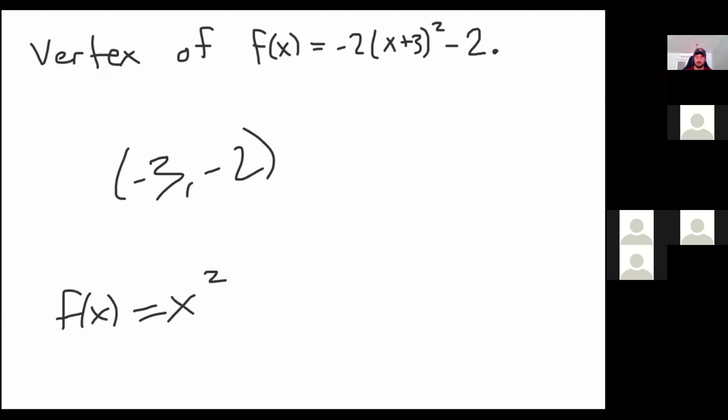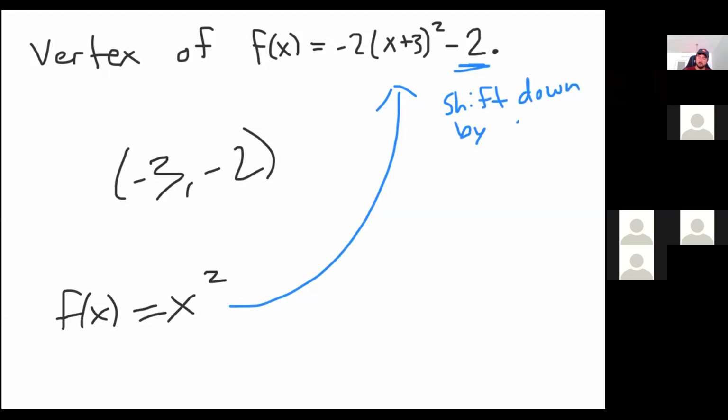And then I just need to see, okay, from x squared to this, mainly what are my horizontal and vertical shifts? Well, vertical shifts are usually the easier one to spot. It's just what I'm adding or subtracting here at the end. So I can see that this is a shift down by 2. So that means that vertex 0, 0 is going to go down 2, which means the y-coordinate will become a -2.